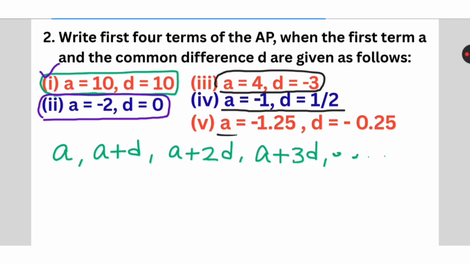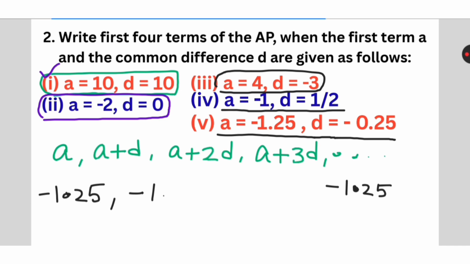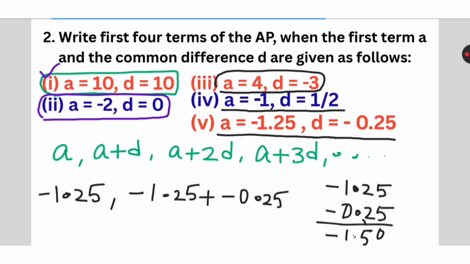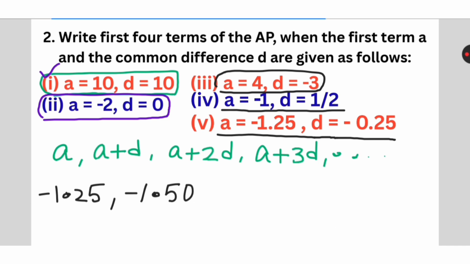Let's see the fifth question, which is A is minus 1.25 and D is minus 0.25. So A is minus 1.25, that is our first term. The second term is A plus D, minus 1.25 plus minus 0.25. That means you need to add both, which gives minus 1.50. That is our second term.